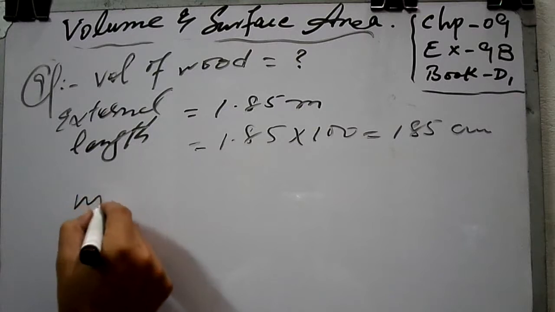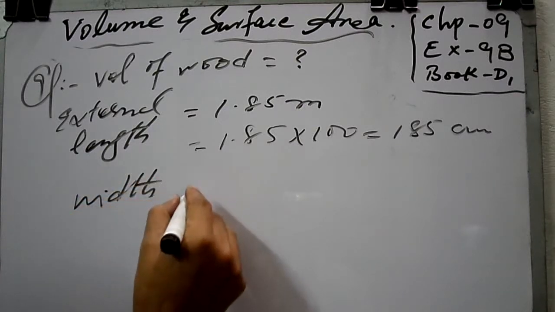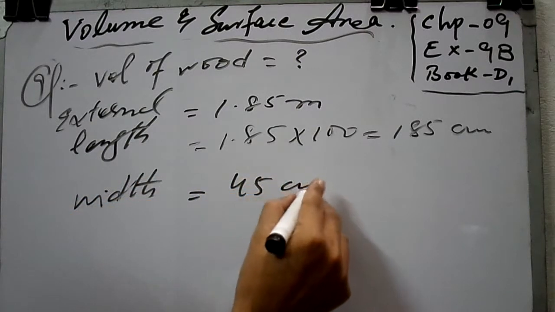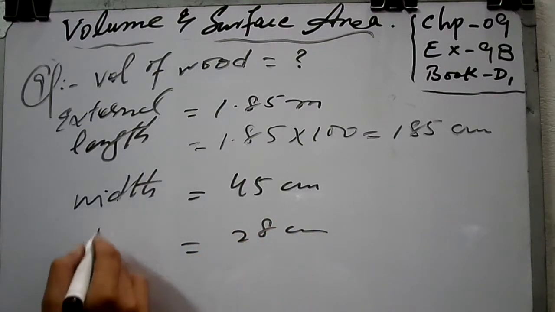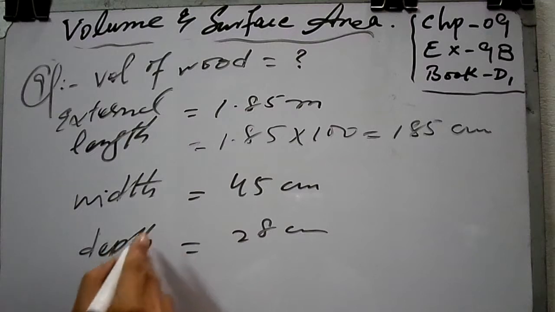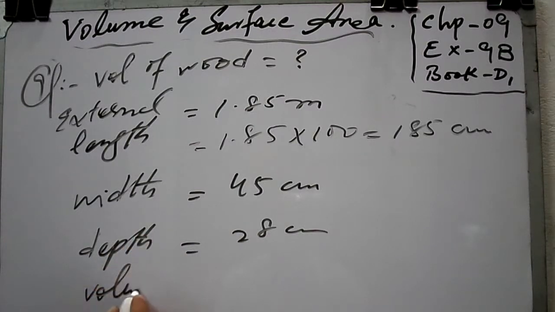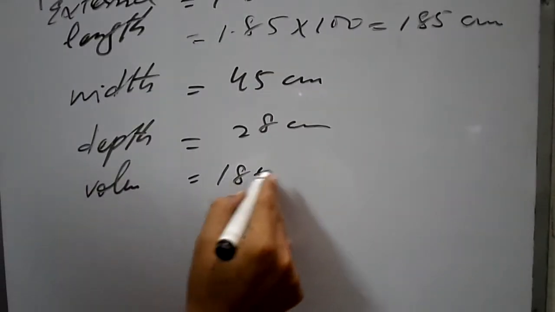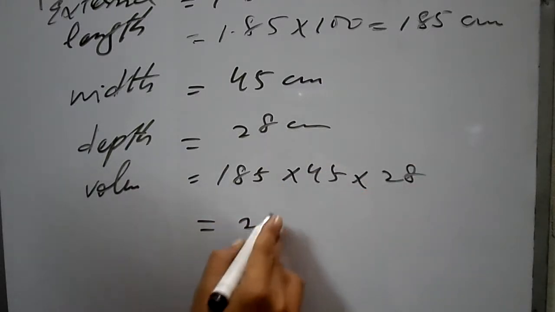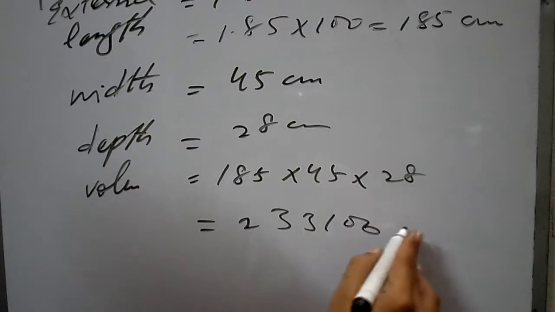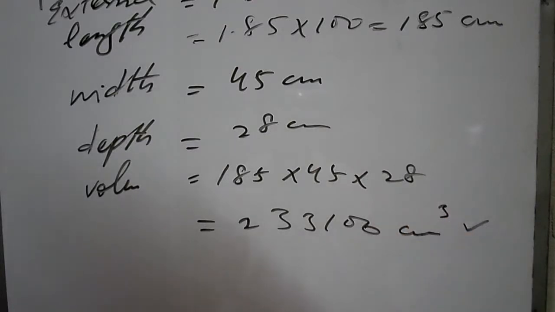Width is 45 centimeter, depth 28 centimeter. Volume: 185 multiplied by 45 multiplied by 28, using calculator you will get 233,100 centimeter cube. That is your external volume.